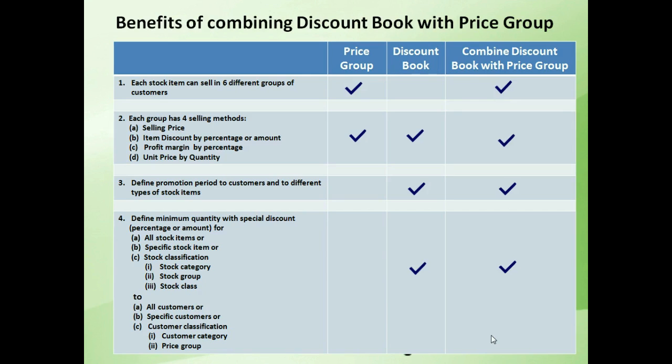Number 4, define minimum quantity with special discount in percentage or amount for all stock items or specific stock item or stock classifications by stock category, by stock code, by stock class to all customers or specific customer, or customer classification by customers category or by price group.